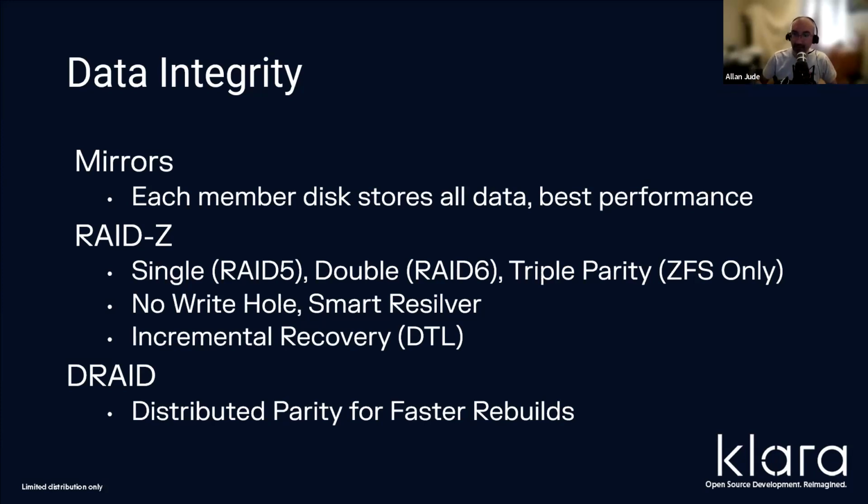And so when a drive fails, you'd be reading from 9 disks and writing to 1. With DRAID, you're going to be reading from 99 disks and writing to 99 disks, because the spare that you're replacing the failed disk with is also distributed across all the remaining drives. So you can imagine the difference in performance for a resilver of reading from 99 disks and writing to 99 disks versus reading from 9 disks and writing to 1.